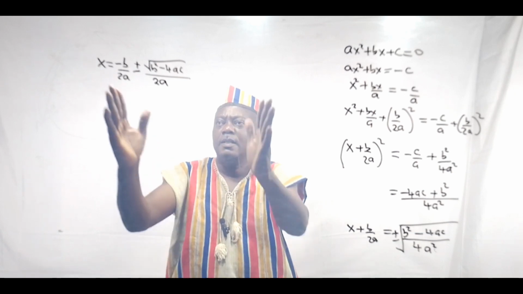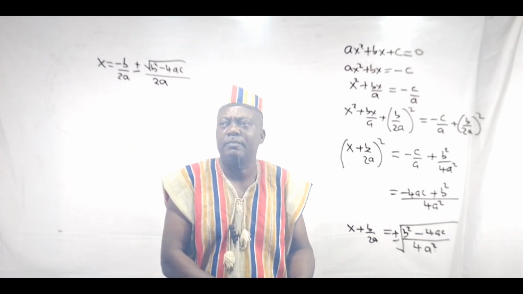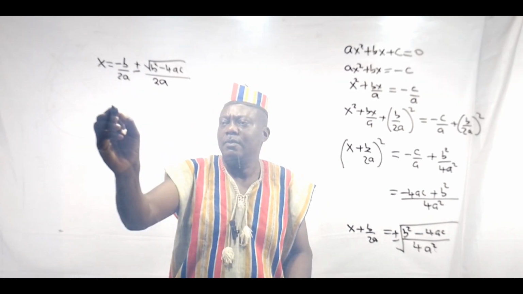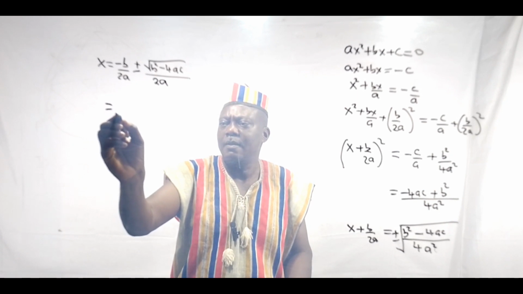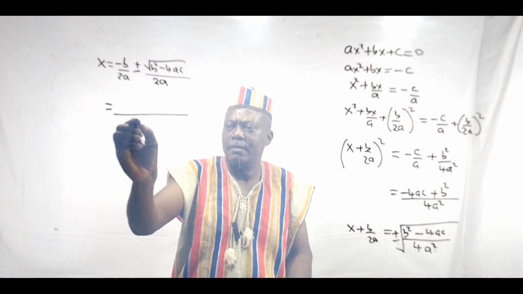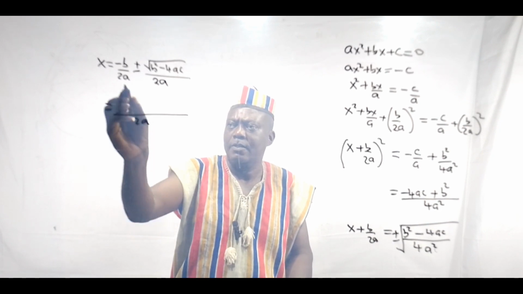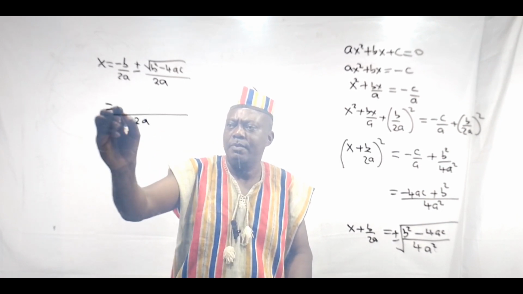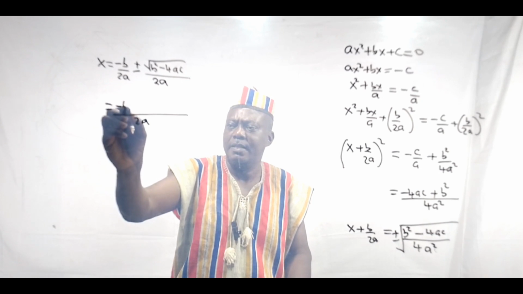So now let us add it all. What is the LCM of 2a and 2a? It is 2a. 2a and 2a is 1. 1 times minus b, you have minus b.